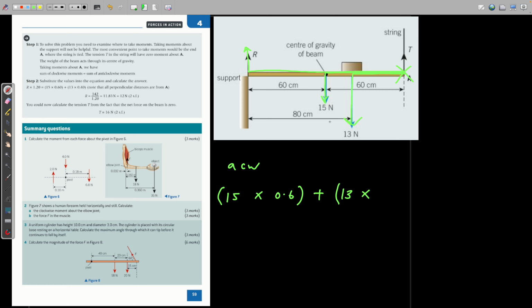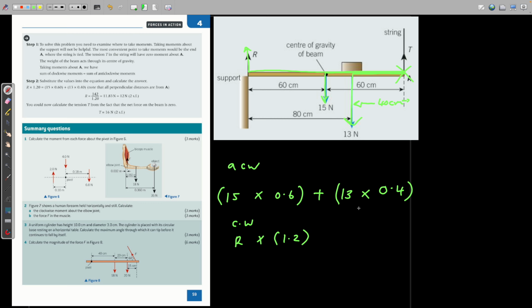It's not 60; the whole beam is 120 centimeters, so minus the 80 gives you 40 centimeters. So this would be times 0.4. So that's the anticlockwise moments due to these two forces. And then the clockwise moment is due to R at a distance of 120, so it would be R times, in meters, 1.2 meters.